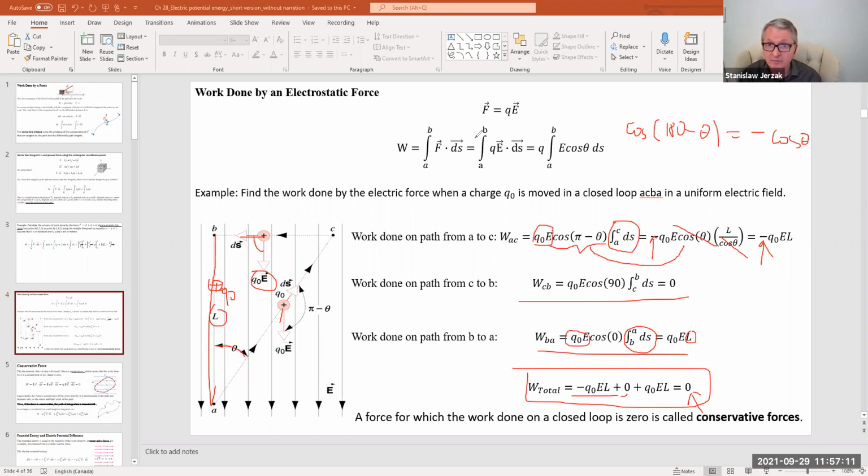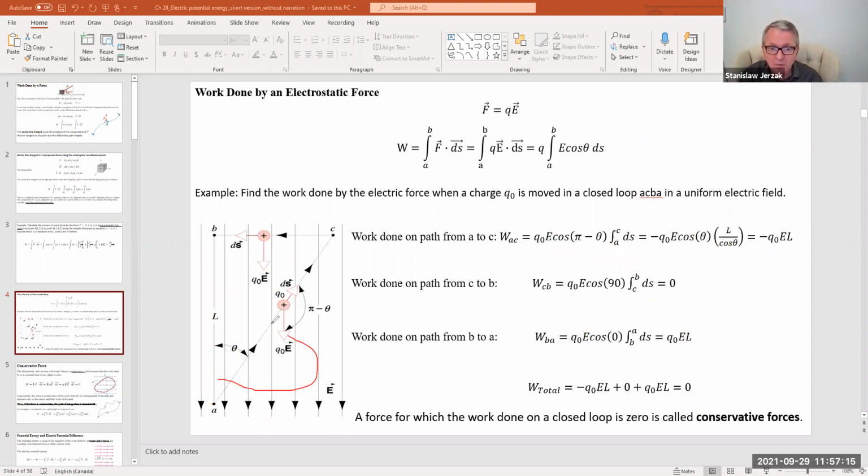So even if I would select to move the charge along this loop in that uniform electric field, no matter how complicated, the work done by electric force on any loop in an electric field is equal to 0, even if the electric field is not uniform. You see, I selected that electric field to be uniform to make the calculation easy.